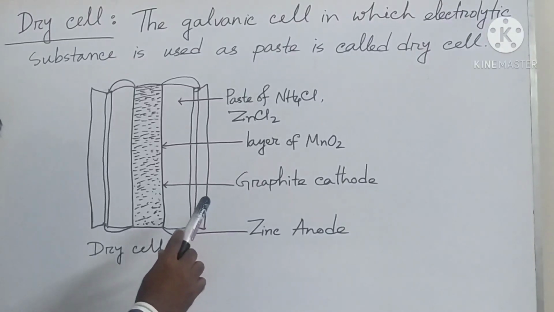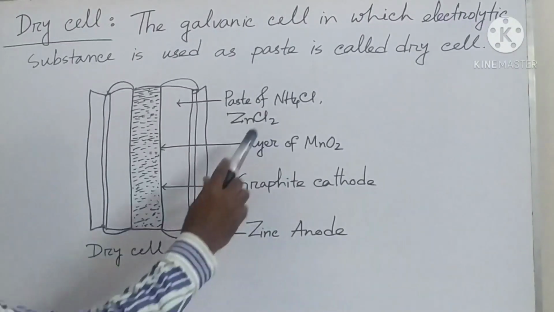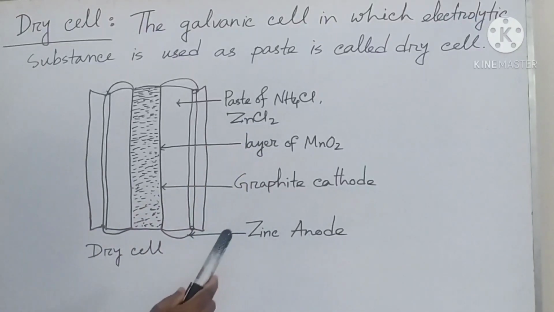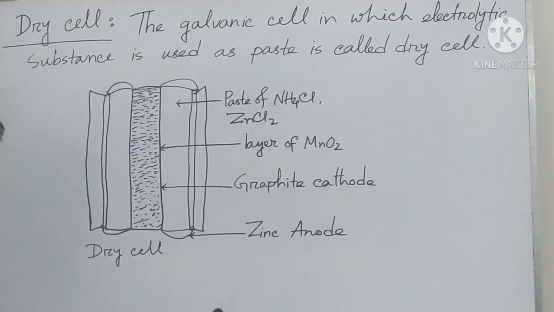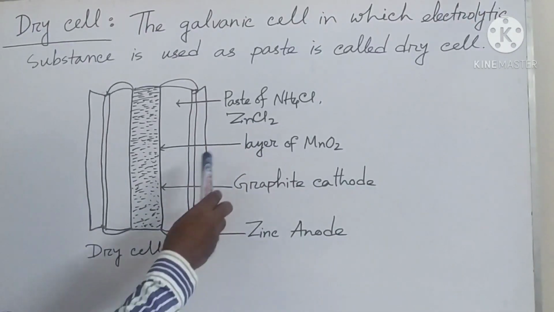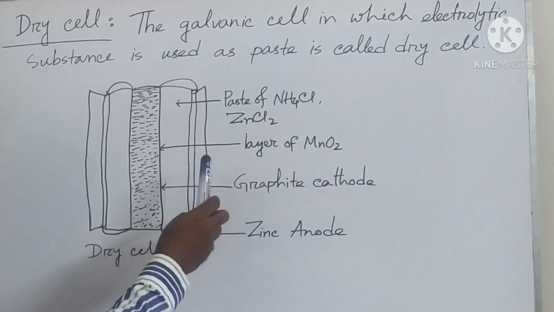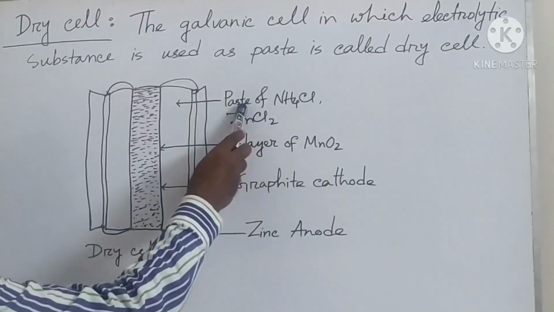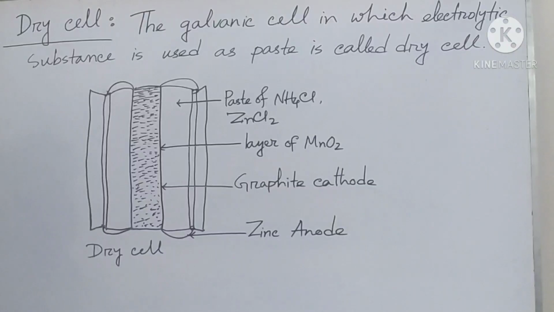The pot is filled with manganese dioxide, ammonium chloride and zinc chloride. And starch is added to condense the paste.